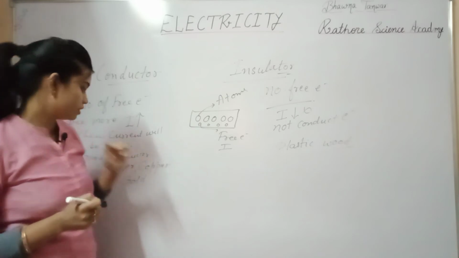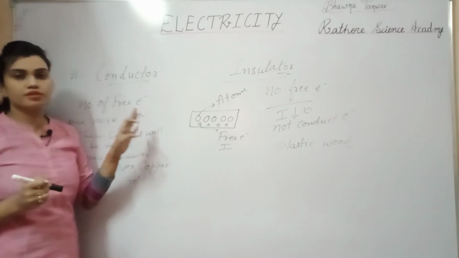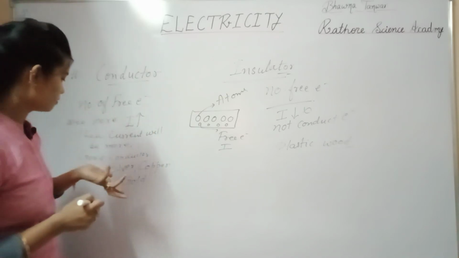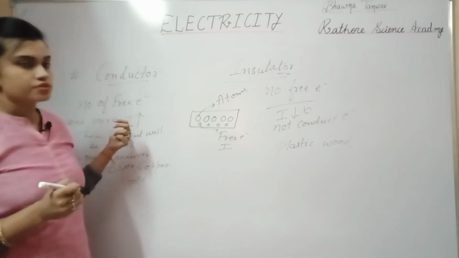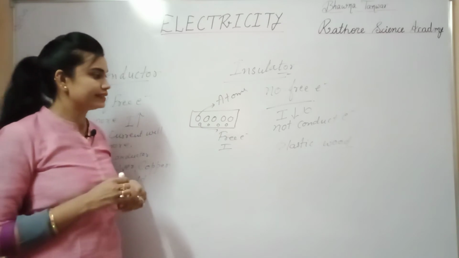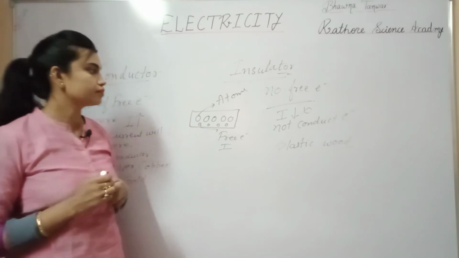So here we understand that conductors are those materials, those metallic wires, or you can say silver, copper, or gold wires, that can conduct electricity, right?